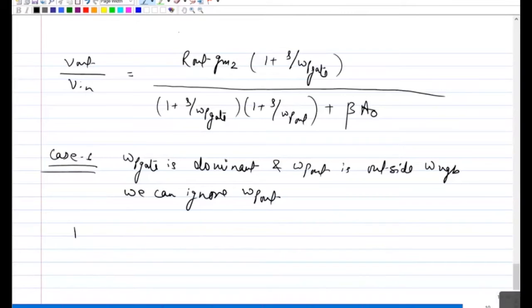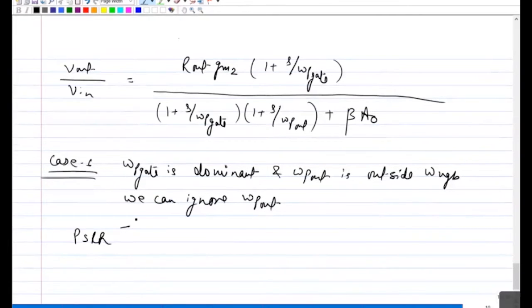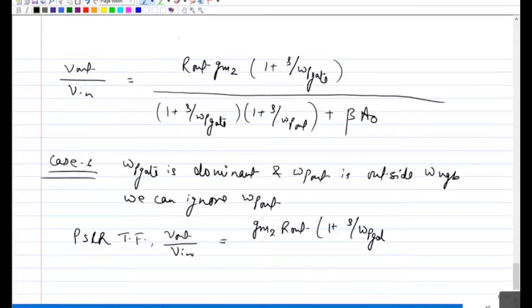So your PSRR transfer function, which is nothing but V out by V in, equals GM2 R out times (1 plus S over omega P gate) divided by (1 plus S over omega P gate plus beta A naught).